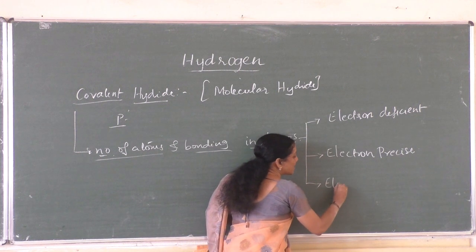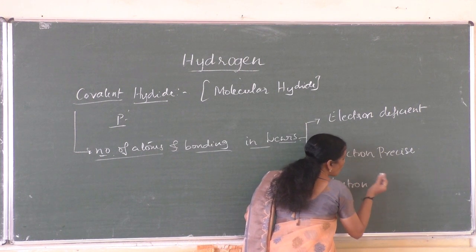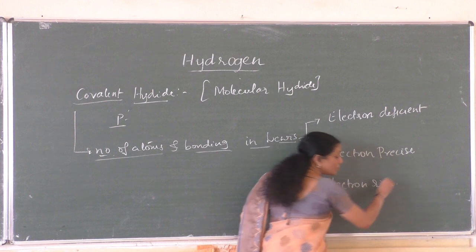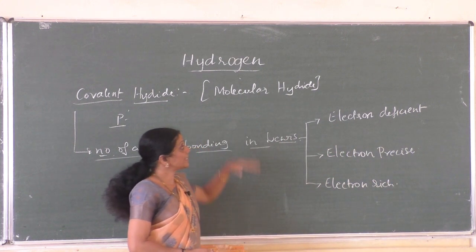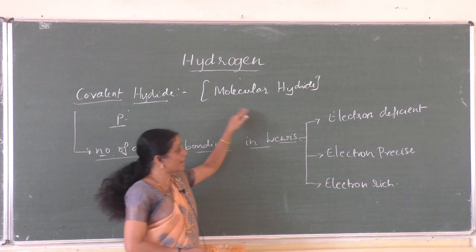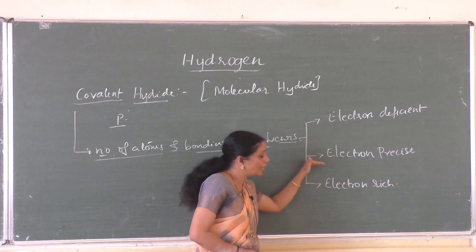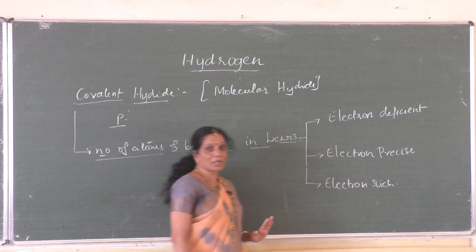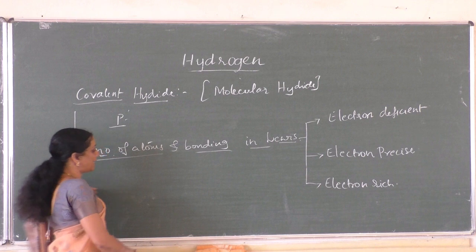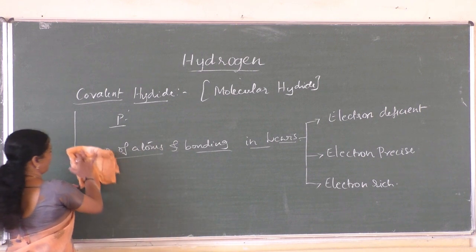Third type is called an electron rich covalent hydride. Clear, students? That is, the covalent hydrides are mainly classified into 3 types: electron deficient, electron precise and electron rich covalent hydrides. I'll consider the first one, electron deficient.